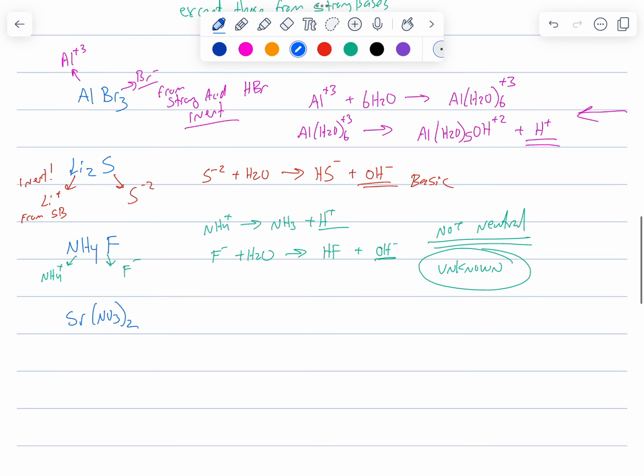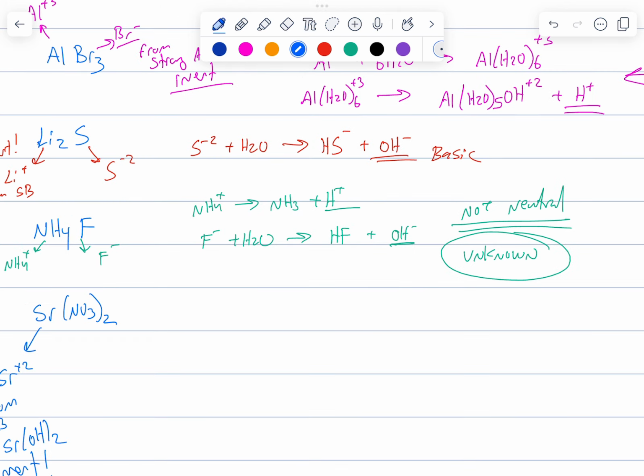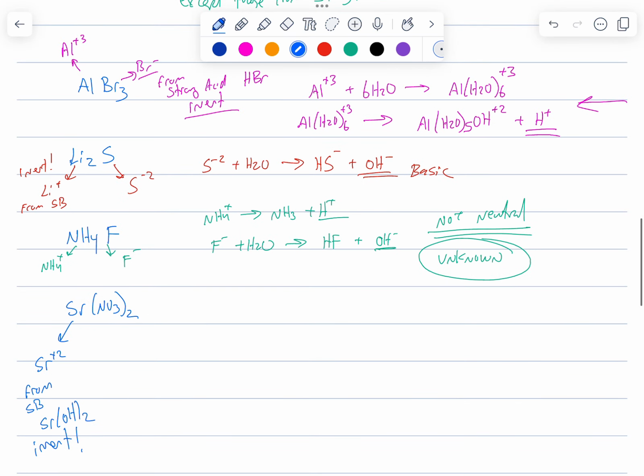Okay? Here's the last example. So SrNO3. Sr2+ is from the strong base Sr(OH)2, which means Sr is inert. NO3- is nitrate, which is from nitric acid, HNO3, which is a strong acid, which means this is inert.